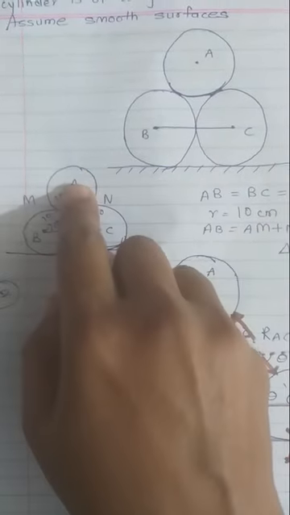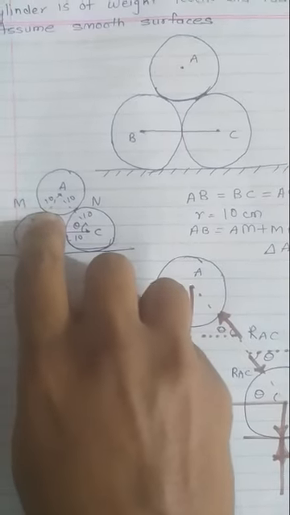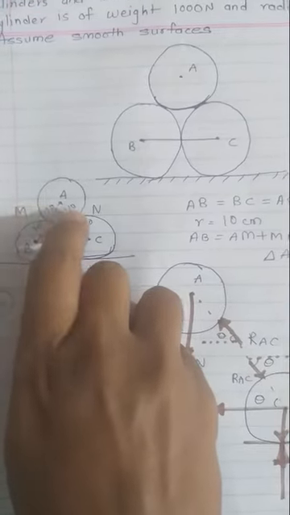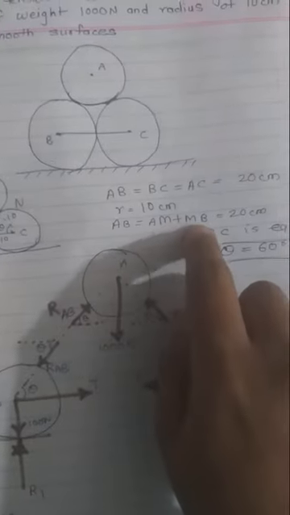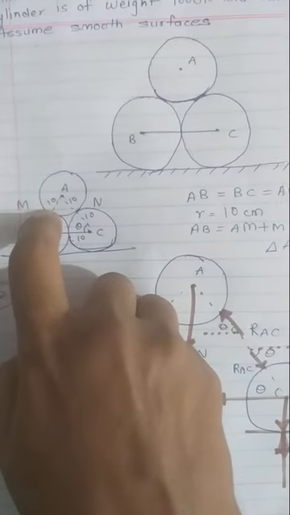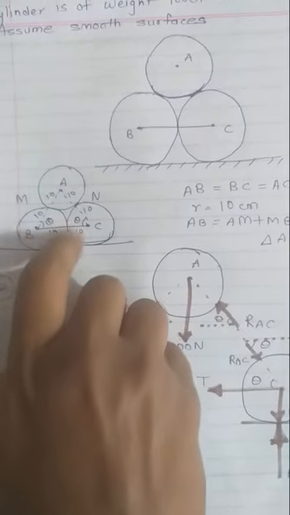So what is the length of AB? AB is nothing but, I have mentioned this M and N as a contact point of these two surfaces. So AB is nothing but AM plus MB, right? AM is nothing but radius of sphere A. BM is nothing but radius of sphere B.